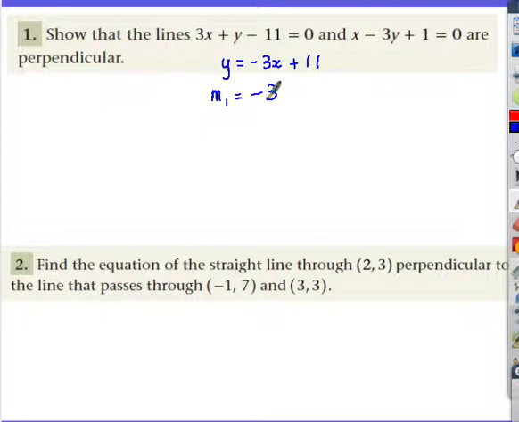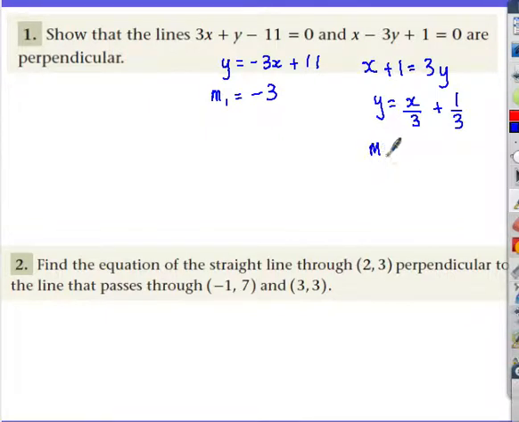We'll do the same thing for this line. Make y the subject. So we can move the 3 over there. And then we have to divide by 3. So what's the gradient of this line?